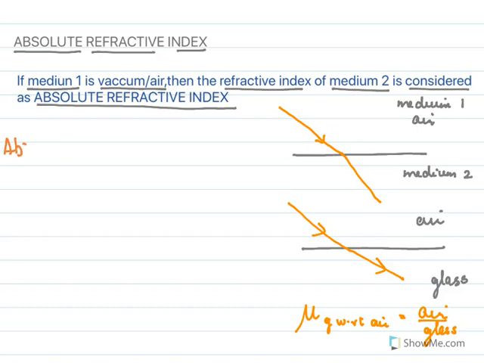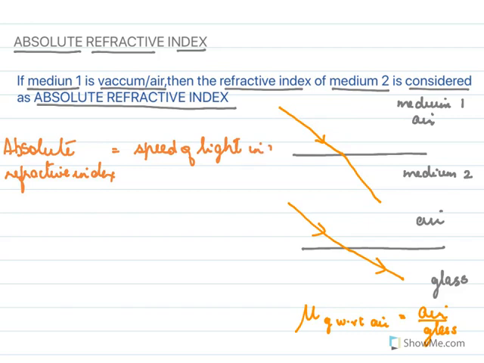So absolute refractive index is speed of light in air over speed of light in medium. This is absolute refractive index.